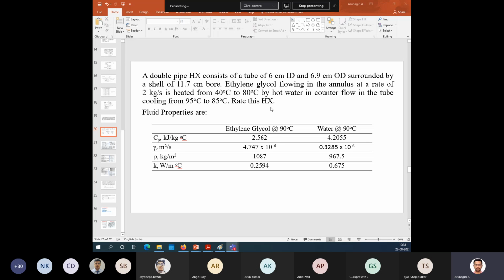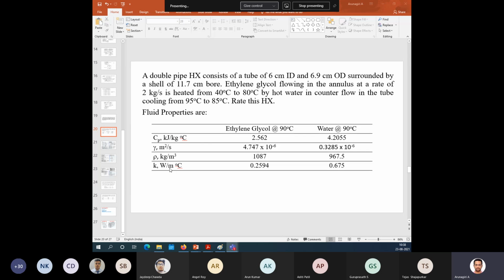Rate this heat exchanger. Fluid properties are given for ethylene glycol at 90 degrees centigrade and water at 90 degrees centigrade: specific heat capacity, kinematic viscosity, density, and thermal conductivity of the fluids.